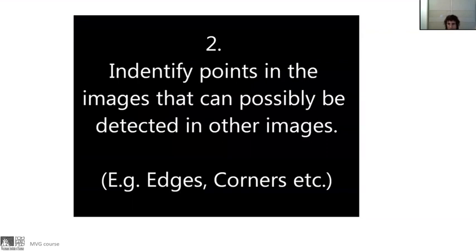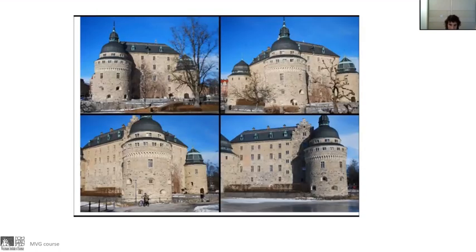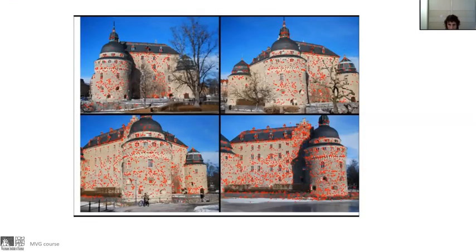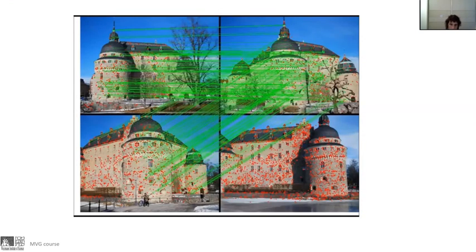Then you identify the key points from the images, like edges and corners. Then you try to make correspondences between the images for these key points, like you see here.